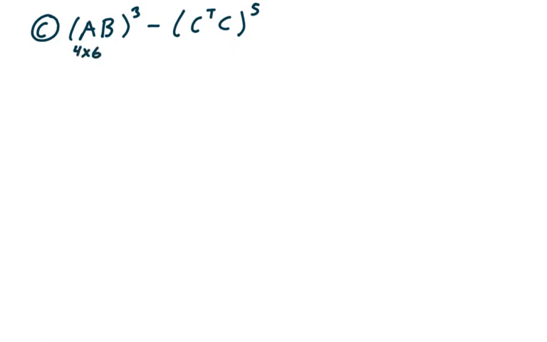Now, let's take a look at C. Suppose we have AB raised to the third minus, and then in parentheses, C transpose C raised to the fifth, right? Now, A is a 4 by 6 matrix.